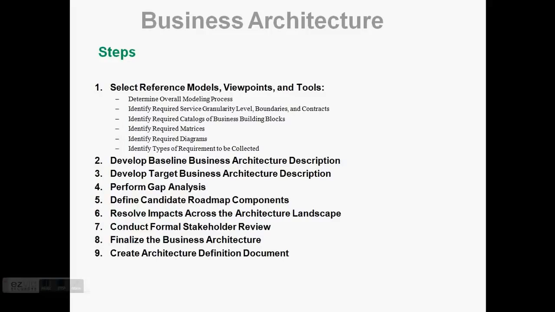Step 9 is to create the architectural definition document. Document the rationale for building block decisions in the architectural definition document.